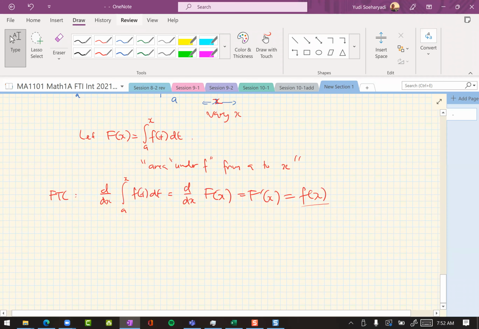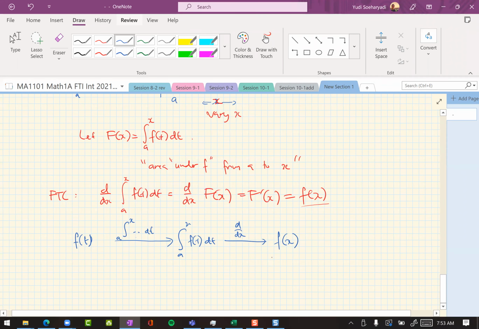Okay, so what we have is that f, you take the derivative, so it becomes the integral from a to x of f(t), and then you take the derivative, and suddenly f comes out.